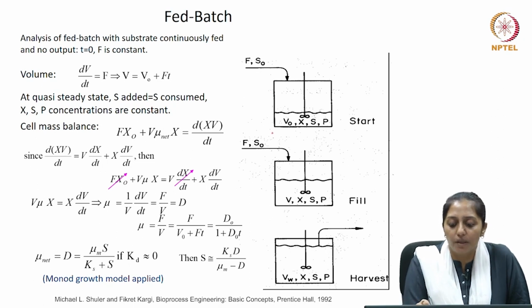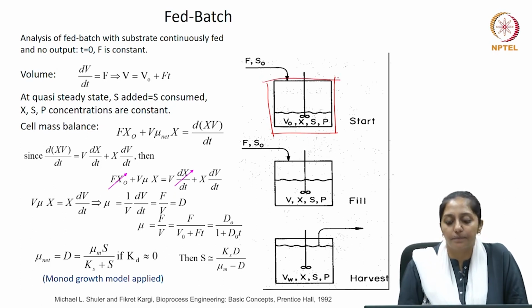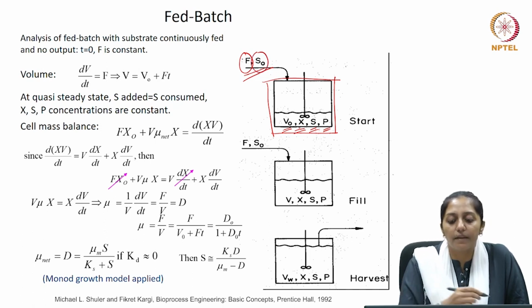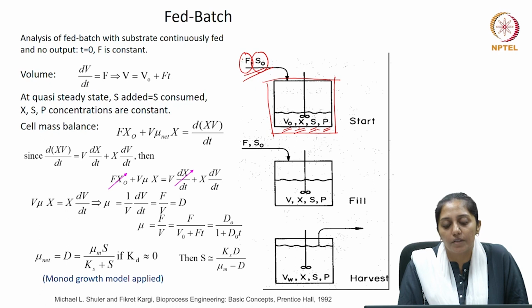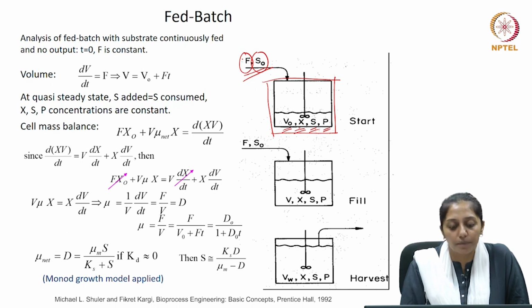reactor, which is shown on the slide. As given inside the reactor, let us assume these variables: volume is V naught in the beginning, X, S and P stand for biomass, substrate and product respectively inside the reactor, where the inlet feed is flowing at a constant flow rate F, and the substrate concentration in this inlet feed is S naught.